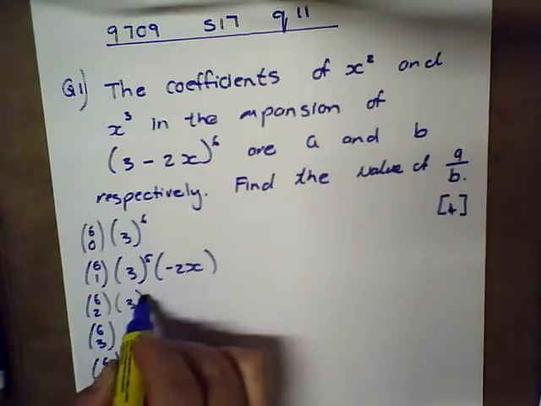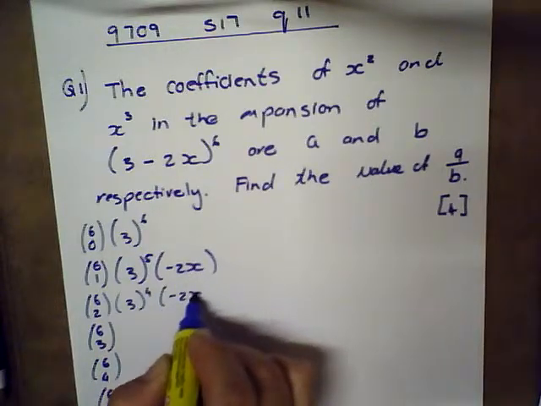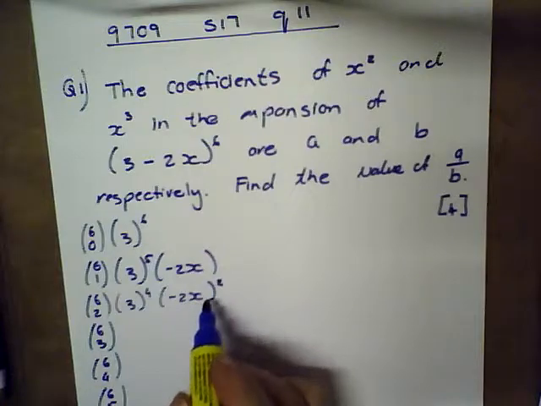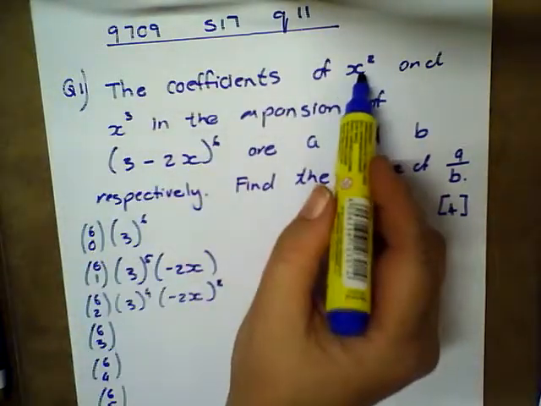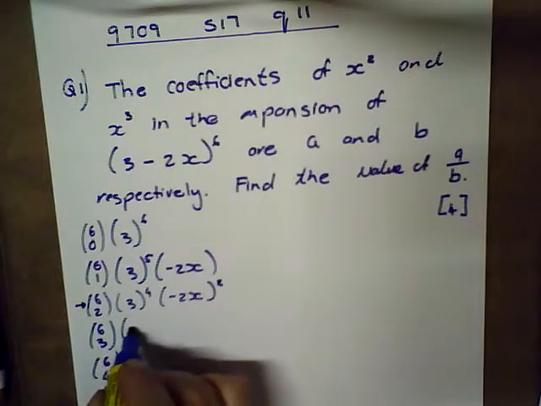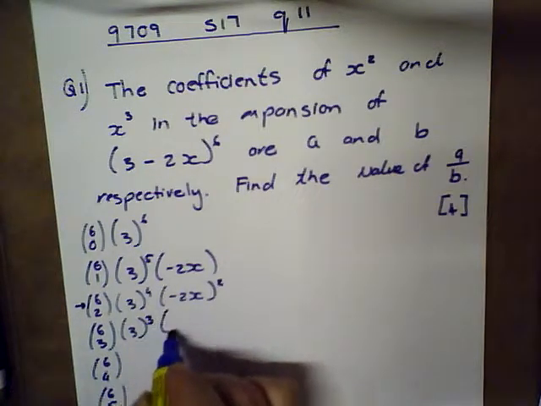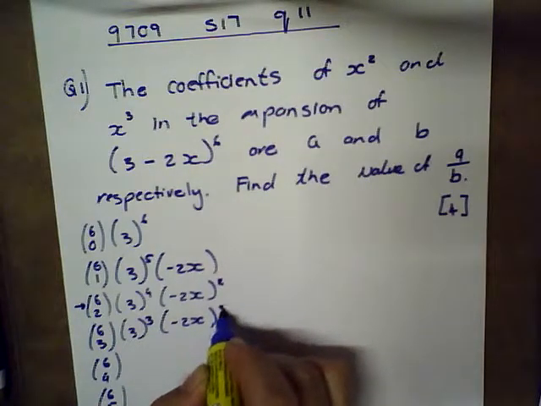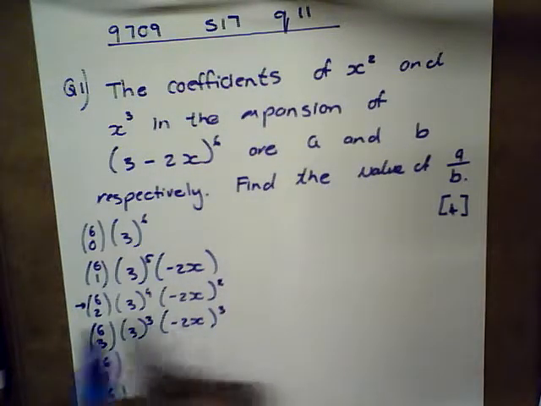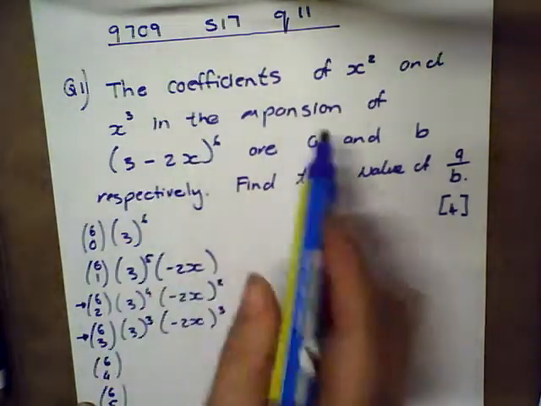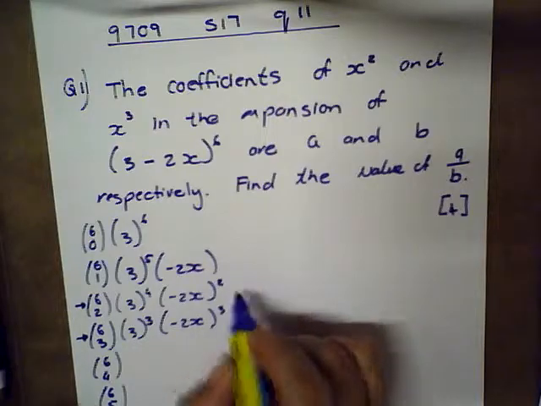So 3 to the 4th power, (−2x)². That will give me the coefficient of x squared that we're looking for. And 3 cubed, (−2x)³. Okay, so it would be those two, because x cubed and x squared are the ones that we're looking for.